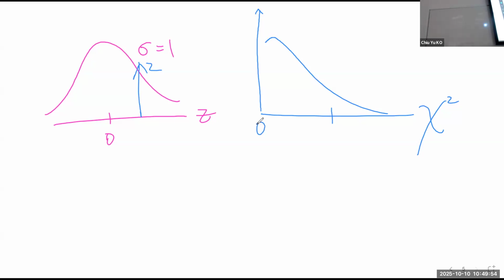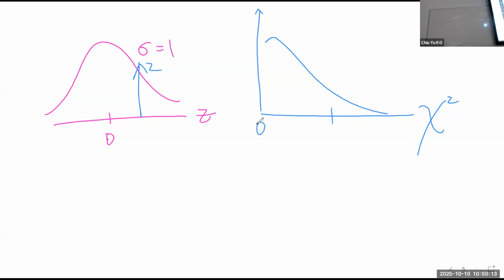And in the old days, they couldn't distinguish chi and x. They were confused. It was supposed to be x square, but by mistake it became chi square. So that's history. This chi-square is you draw the normal bell, and square it.